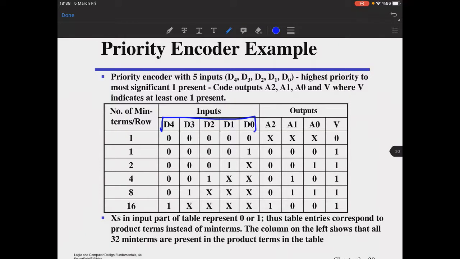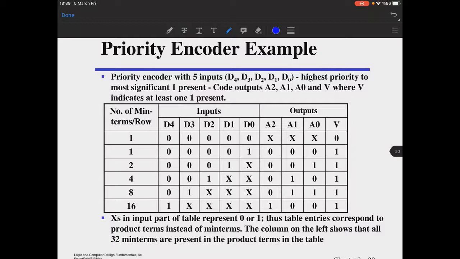These are your inputs, and it has 3 outputs, and V is just a check that ensures that at least one of the inputs is selected. So if none of them is 1, your check output V will be 0, and you don't care about the outputs at all in this case. But if any one of them is 1, then your circuit will work and your V will give you 1.